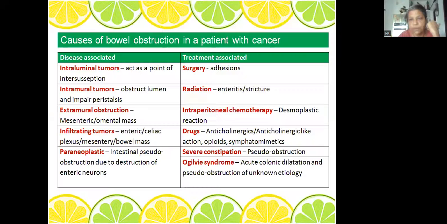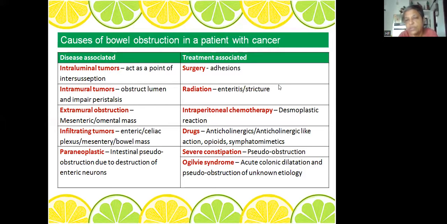The causes of bowel obstruction in a patient with cancer are usually of two types: disease associated and treatment associated. Disease associated causes include intraluminal tumors, intramural tumors, extramural obstructions, infiltrating tumors, and of course paraneoplastic intestinal pseudo-obstruction due to involvement of the enteric neurons.